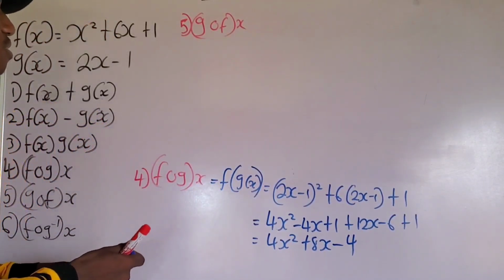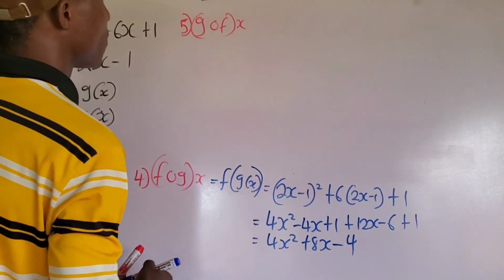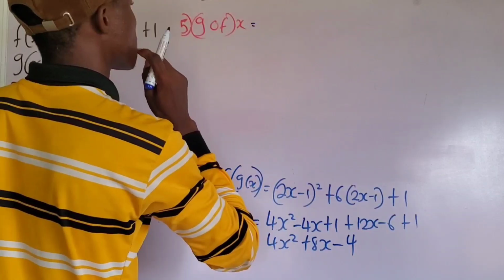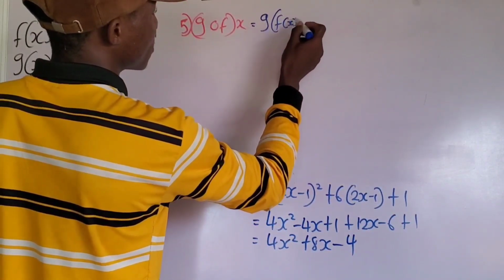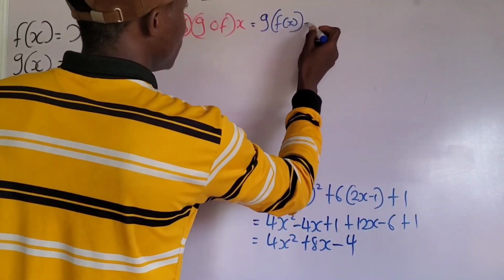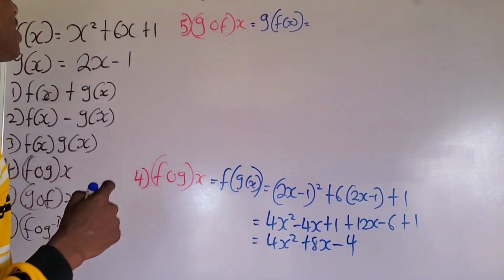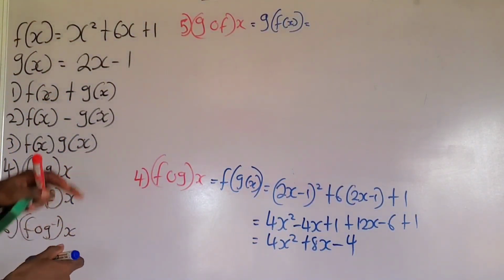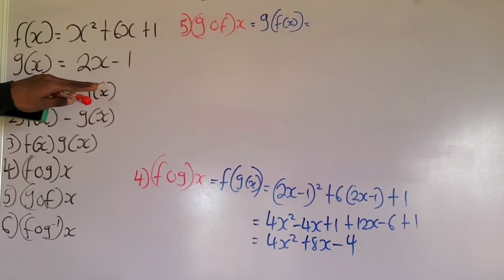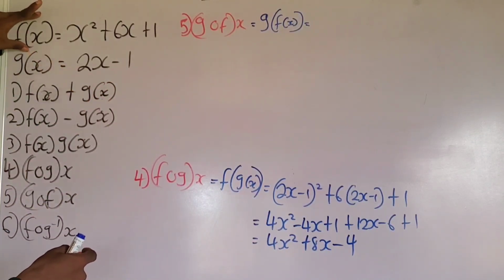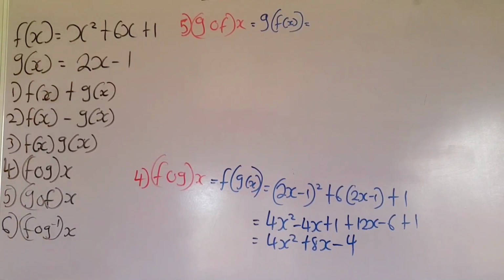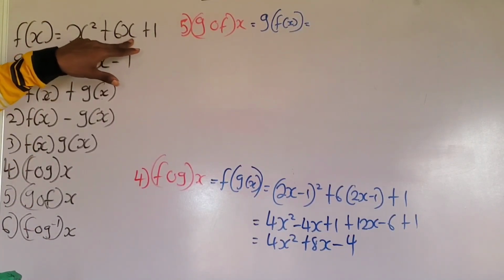Now don't forget that g of f of x can be written as g(f(x)). You understand? Which means that instead of x in the function g(x), we're going to substitute f(x) inside g(x). You understand? And don't forget that f(x) is what? x squared plus 6x plus 1.